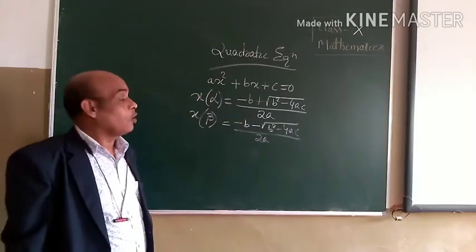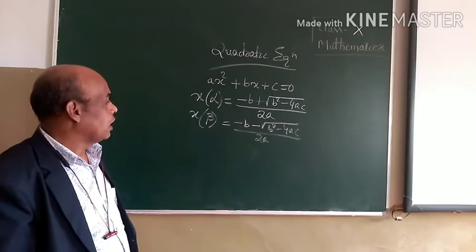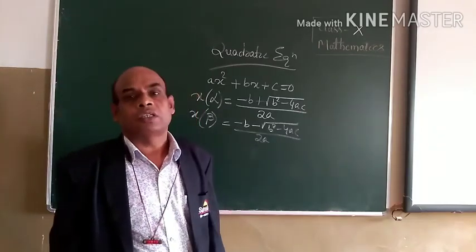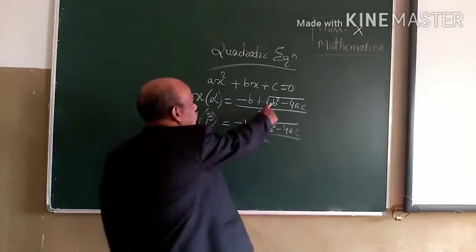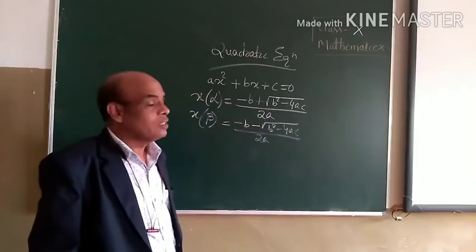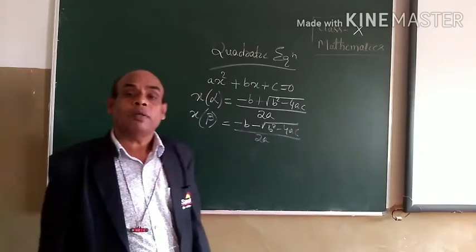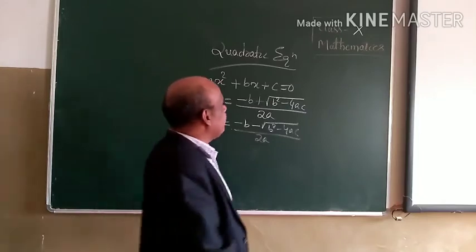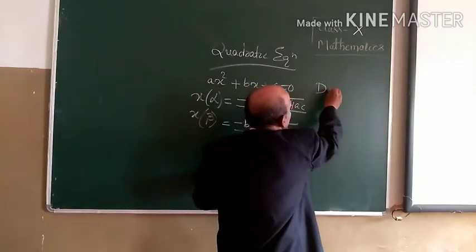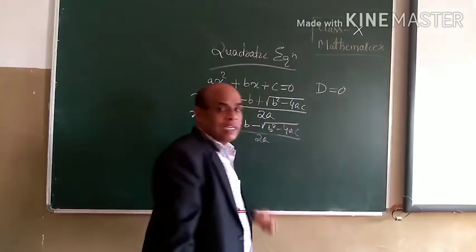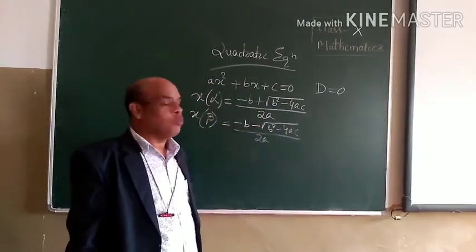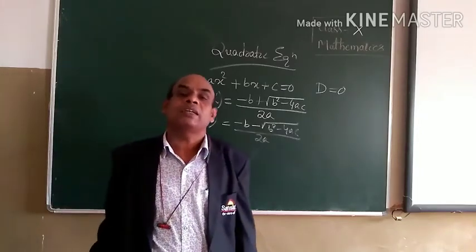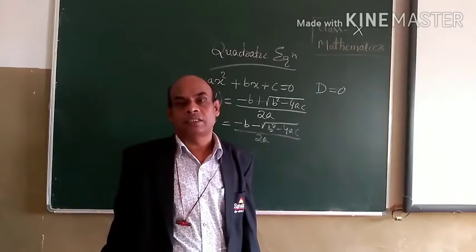These things we have already discussed, and I also told you that b square minus 4ac is called the discriminant. About the nature of roots, whenever D is equal to 0, D meaning the discriminant, b square minus 4ac equal to 0, then roots are real and equal.